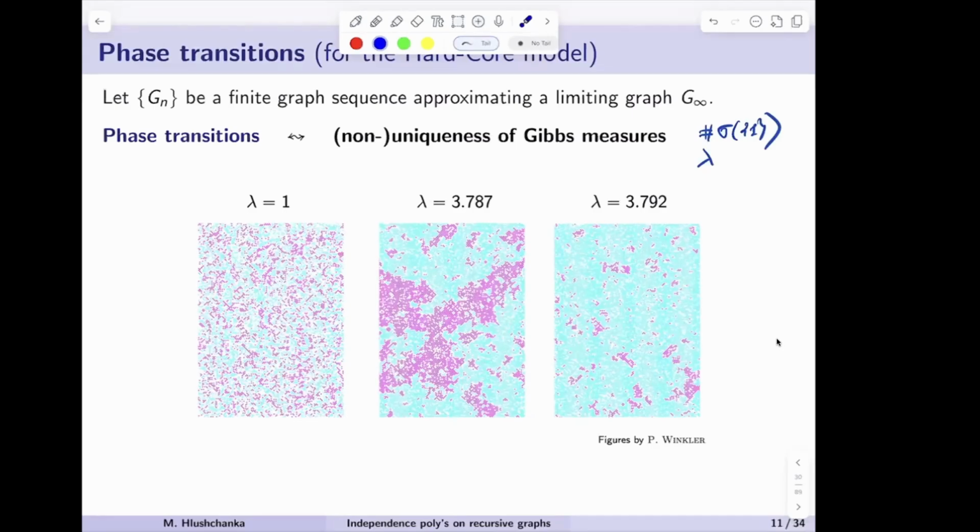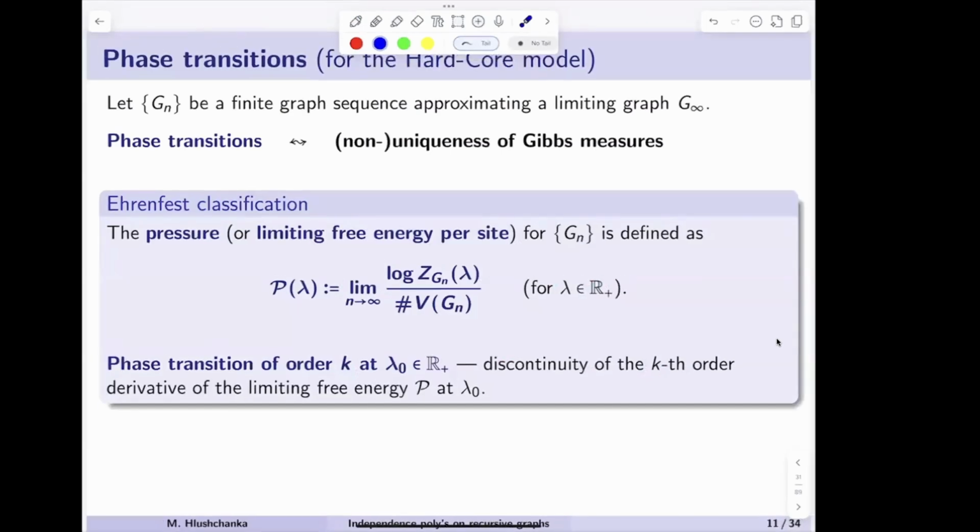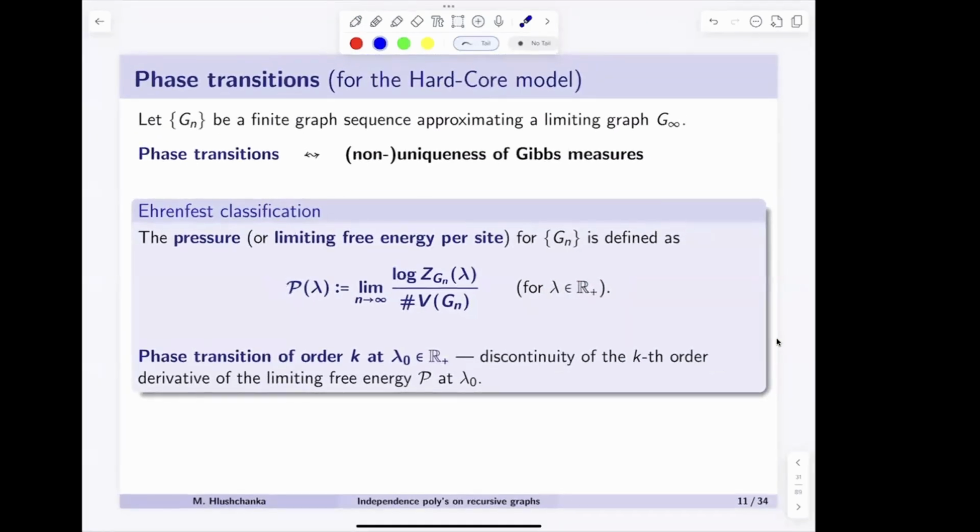But for this talk, we will mainly look at a different point of view on phase transitions. Namely, we'll be looking at the analyticity of the pressure function, or limiting free energy per site, which is defined as the normalized limit of the logarithm of the partition function. We look at the partition function, take the logarithm, and then normalize by the size of the vertex set.